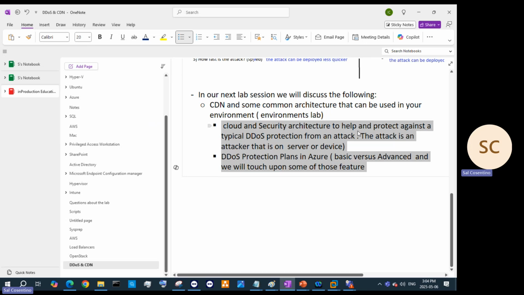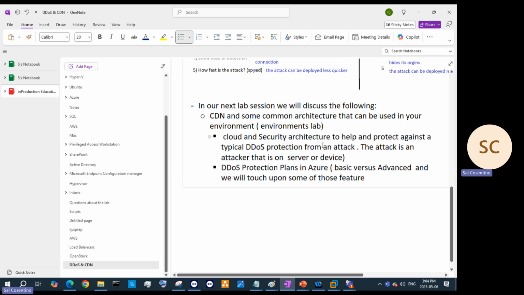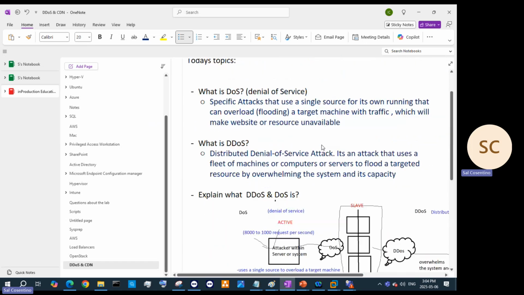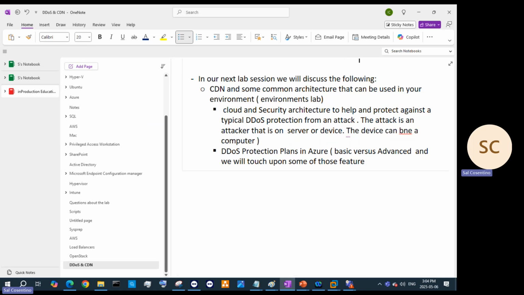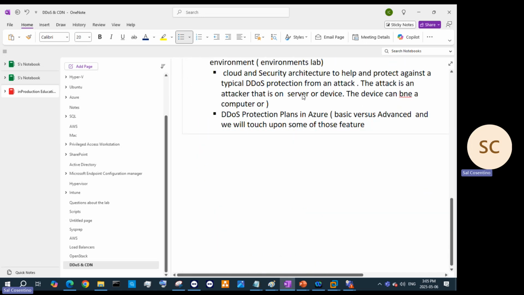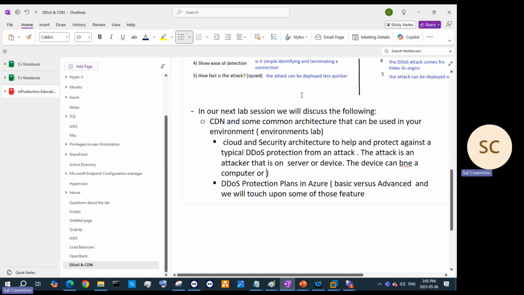And then an attacker is on a device, and the device can be a server or computer. Okay, sorry about that.